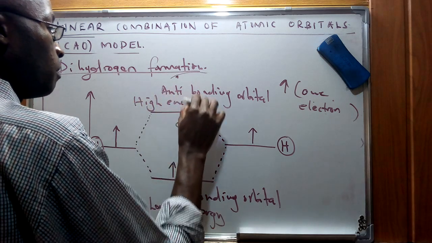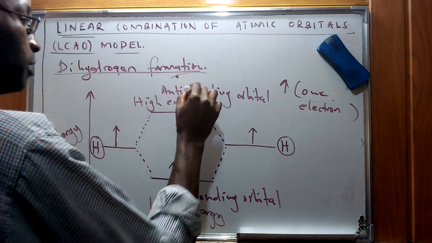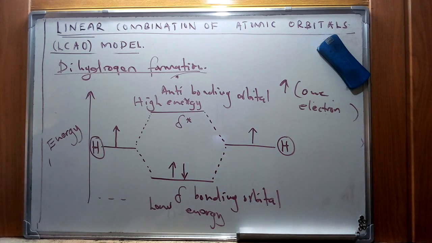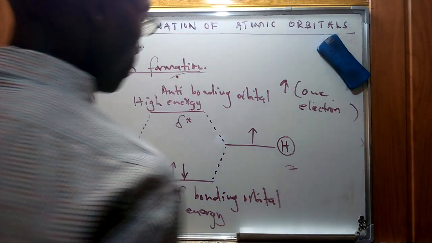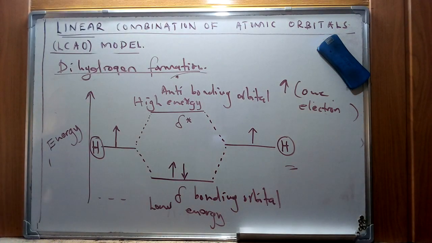So for a stable dihydrogen molecule, this is the illustrative way of showing that energy diagram, which provides a stable molecule, and which is going to allow for reactions of this dihydrogen molecule to interact with other molecules.